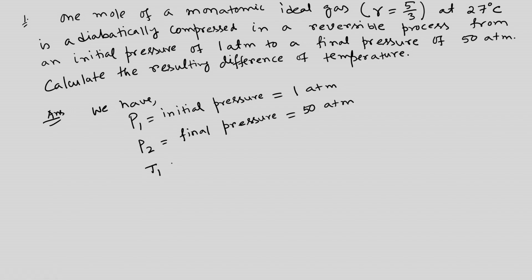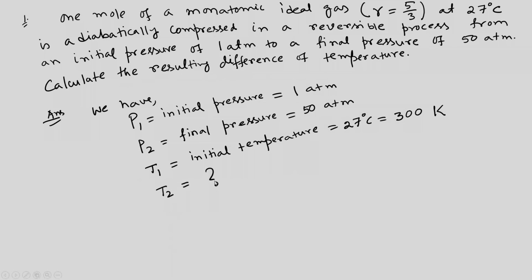Initial temperature is given. So, T1 is the initial temperature, which is 27 degree Celsius, means 300 Kelvin. So, the initial temperature is 300 Kelvin and we need to calculate T2, the final temperature.